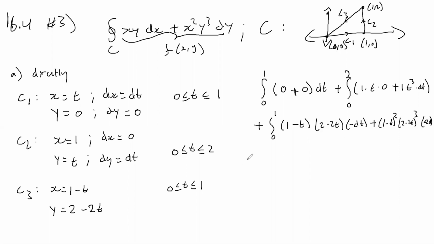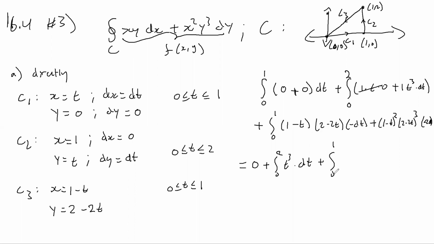Okay, so let's see if we can solve this out. For the first part, it'll just be 0, a constant, and that gets added to the integral from 0 to 2 of t cubed dt, which is left after the zero cancels out, and that's added to the integral from 0 to 1.